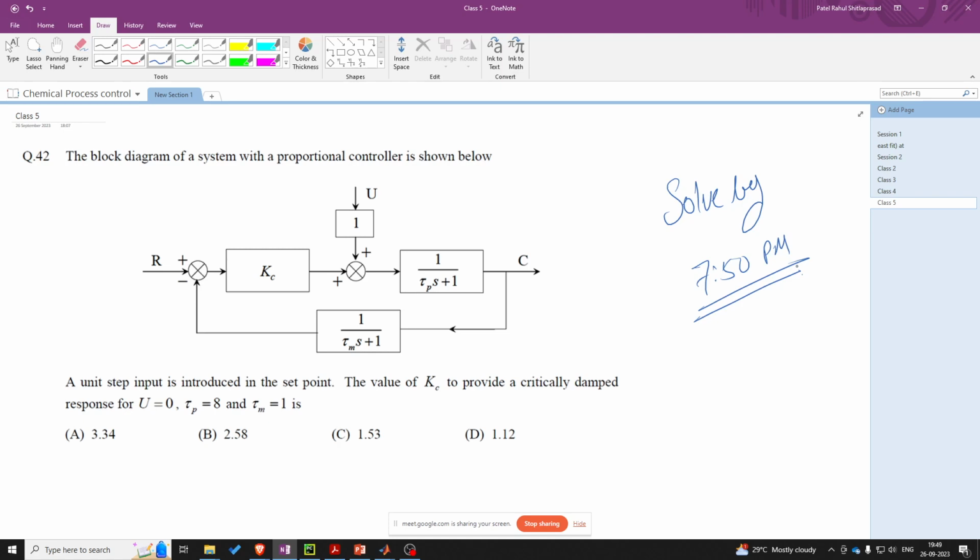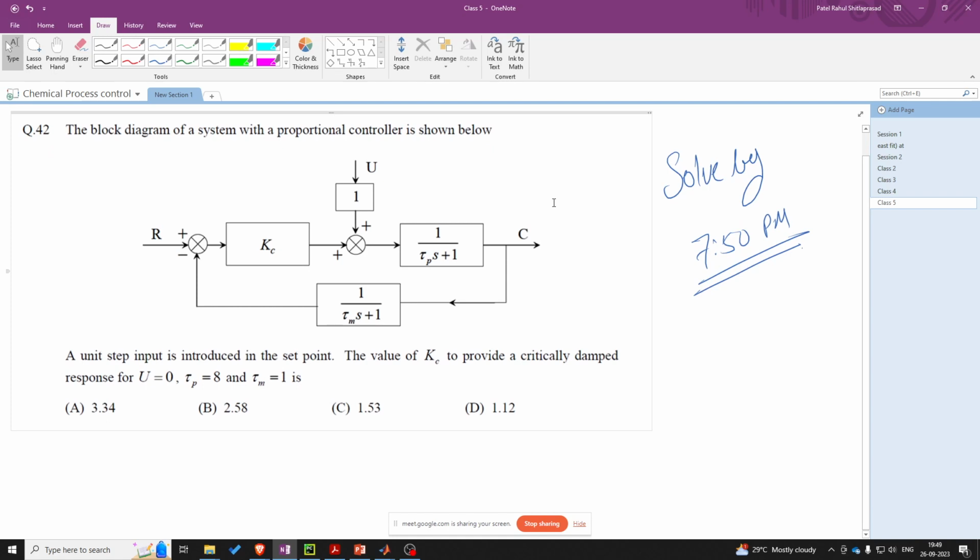So let's start with solving this question. We have been given this block diagram. The first step is we will write the transfer function.